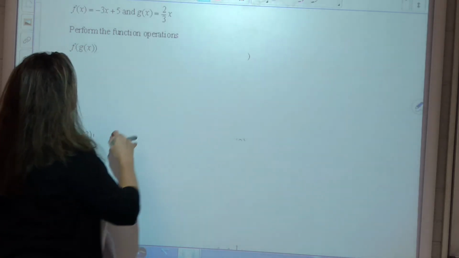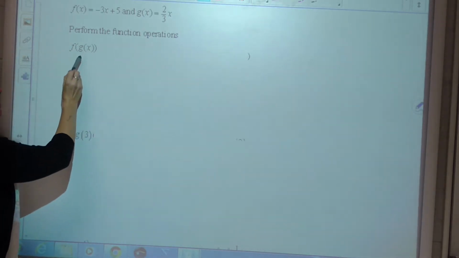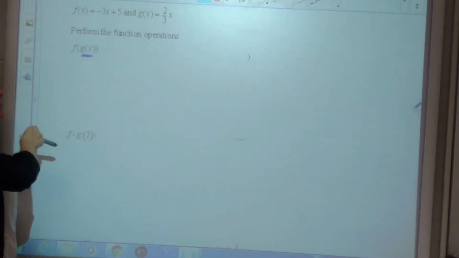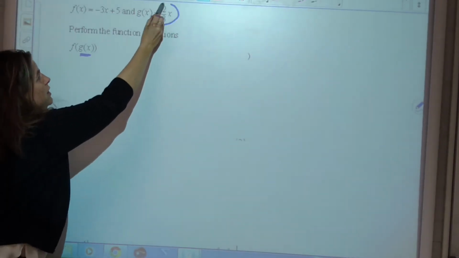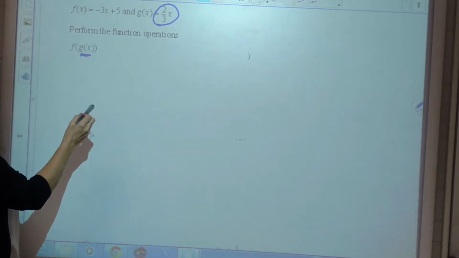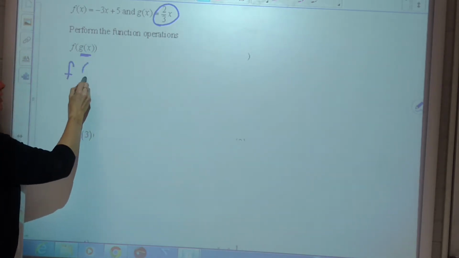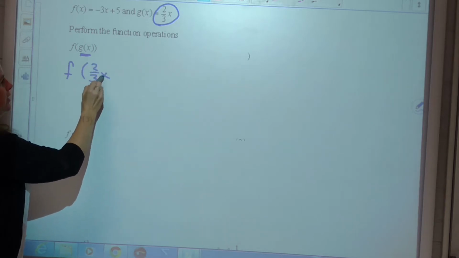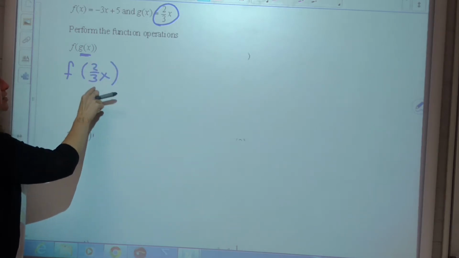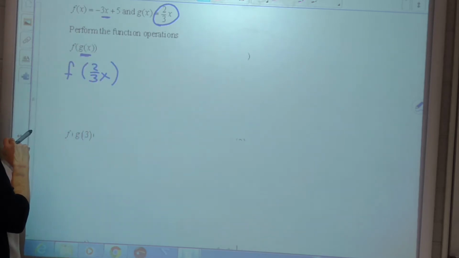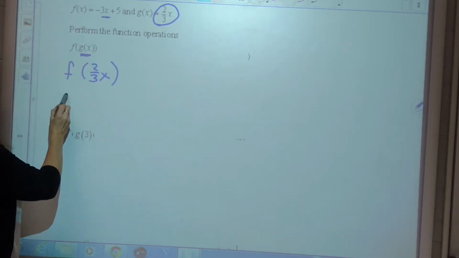What that looks like when they say g of x is going to go inside of f of x, they mean literally this 2/3 x is what you're replacing into your f. So f of 2/3 x. This, all of it, not just the x, becomes the x in your f of x equation.